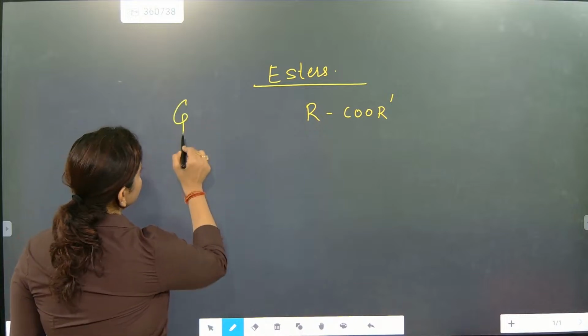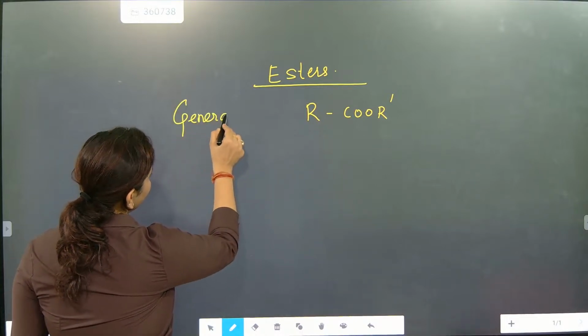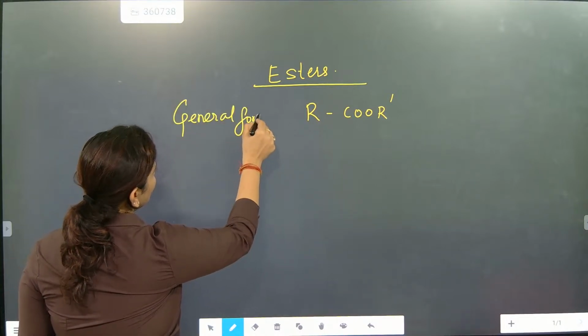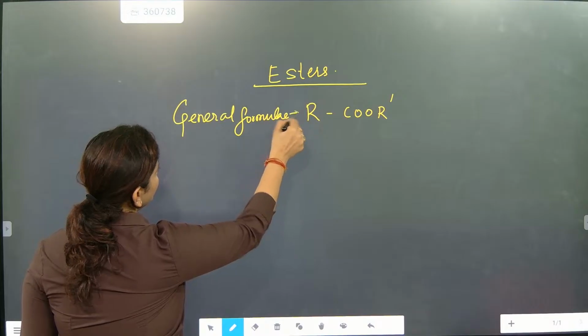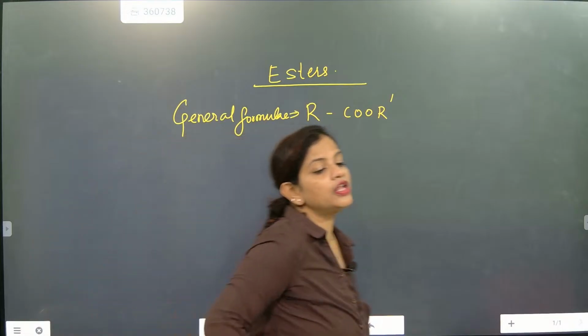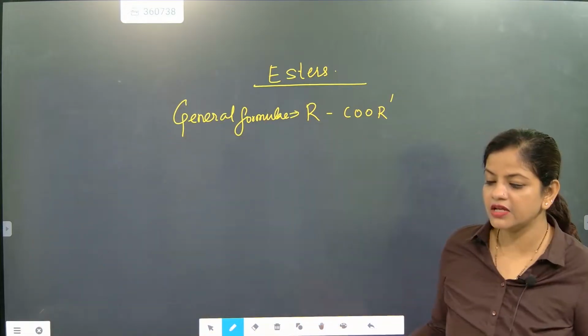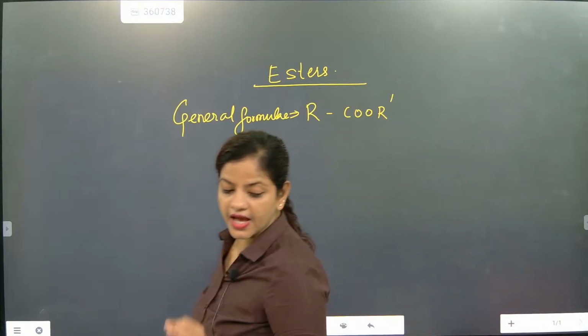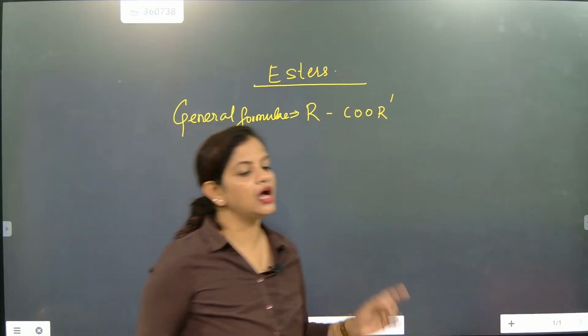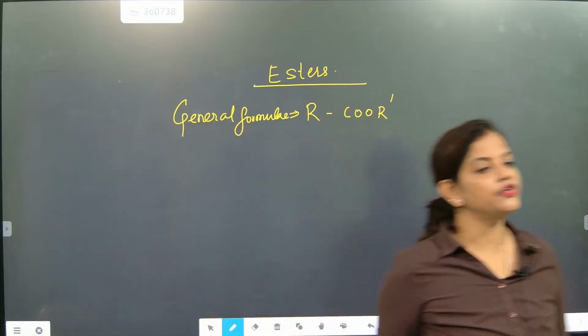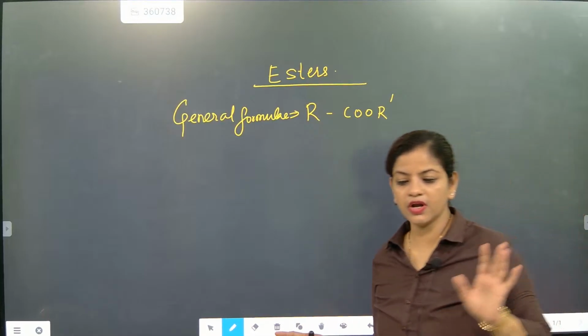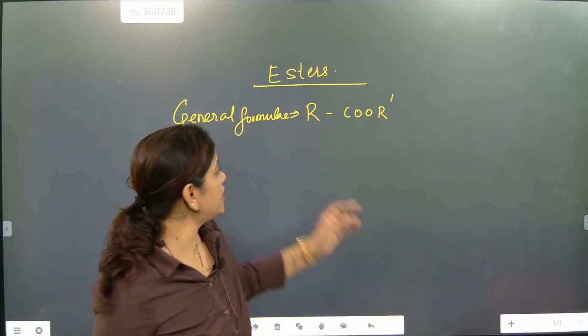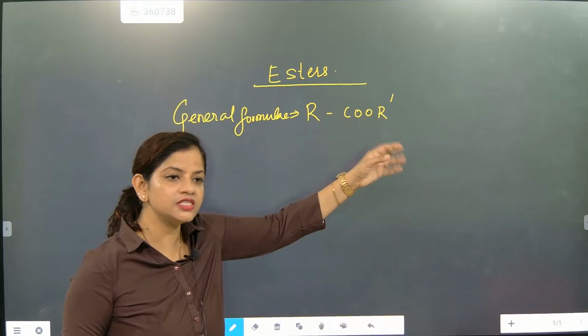Why have I written the general formula? R can be the same also, R can be different also. Here one I have written R, another one I have written R dash. Because R and R dash are different. Ella, you are understanding? So beta, here R is different and R dash is different.